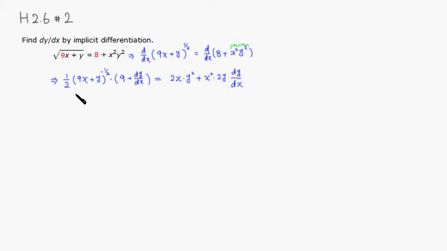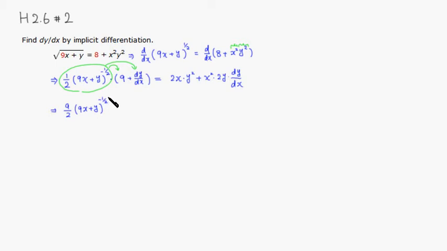This looks a little bit yucky. First thing I would do is distribute this term to each term, so here and here. That will give us 9 over 2 times 9x plus y to the negative 1/2 power.